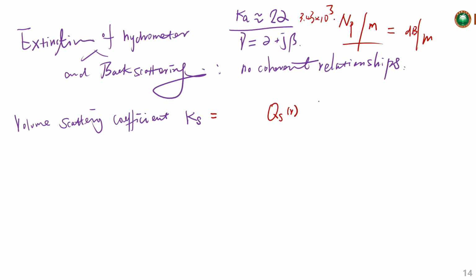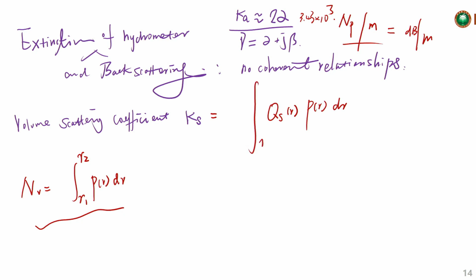So we have the total number of particles, which should be expressed as the size distribution p(r) dr from the range of R1, the minimum, to R2, the maximum, right? So p(r) is the size distribution.